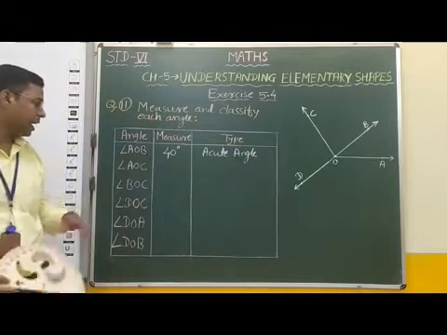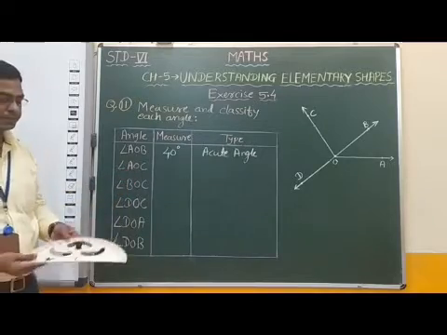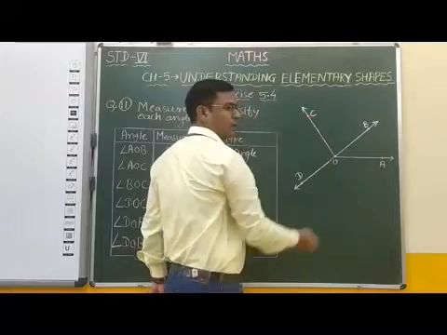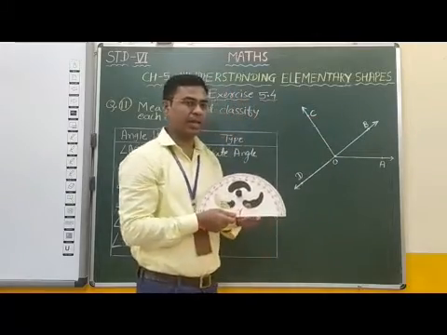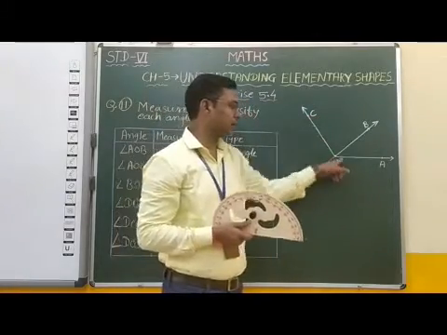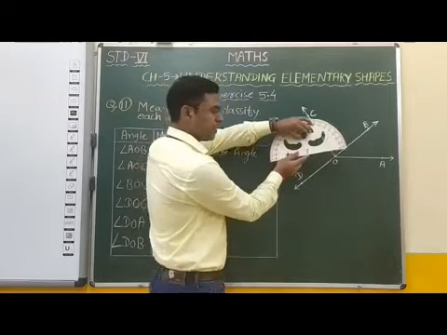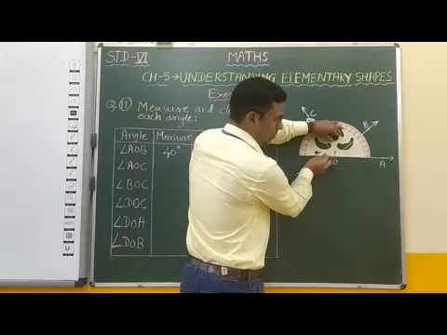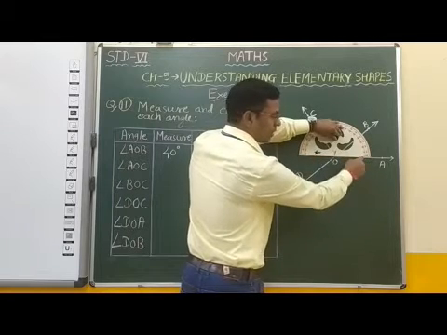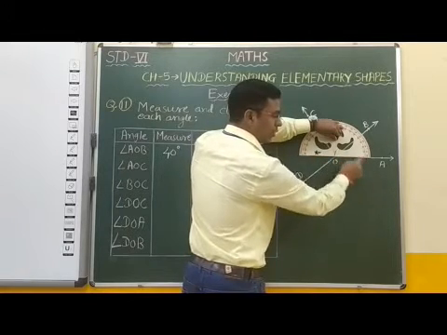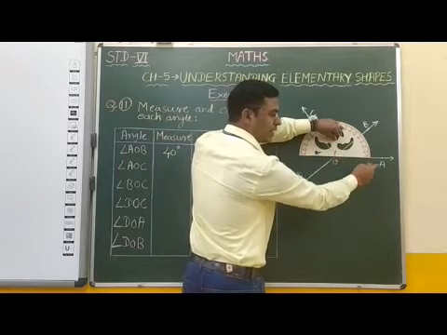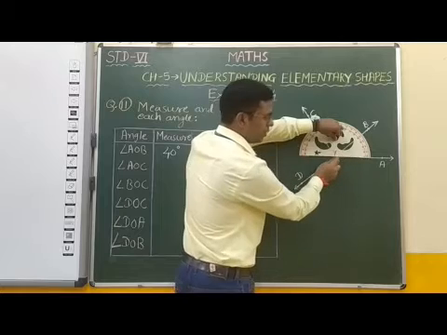Now next, angle AOC. The same method applies here to measure this angle AOC. Put this midpoint on vertex O. Match this straight line of the protractor with ray OA, and this ray OA is on the right side of the midpoint.